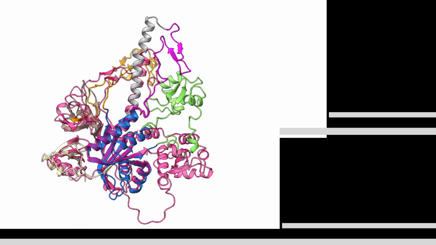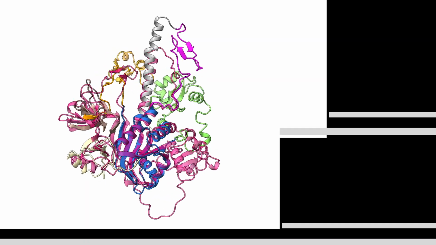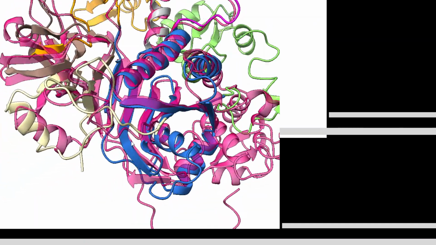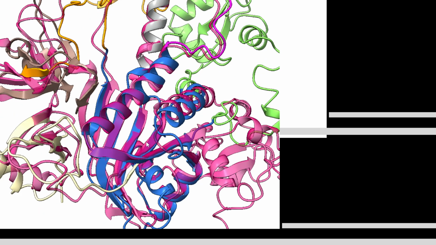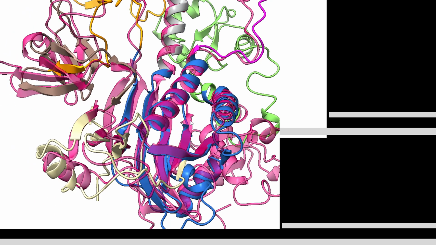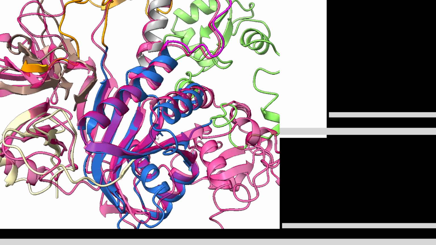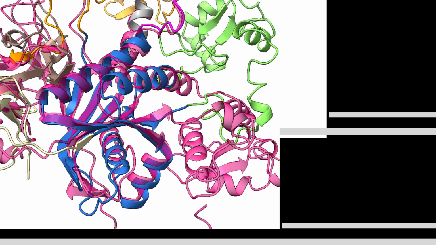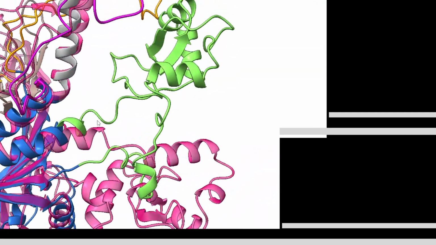So you can kind of see through it and you can see where it overlaps. And if we zoom in, you can essentially see the RuvC, these beta sheets are highly conserved. The red and the blue from the HCSZ, they're pretty much in the same fold, so it looks really good.